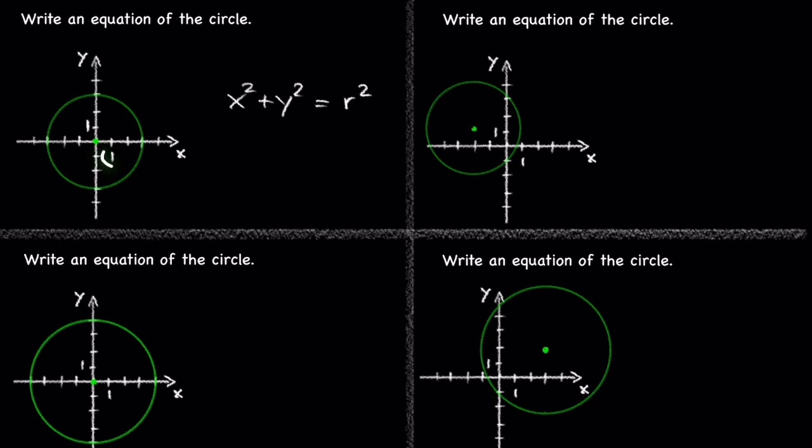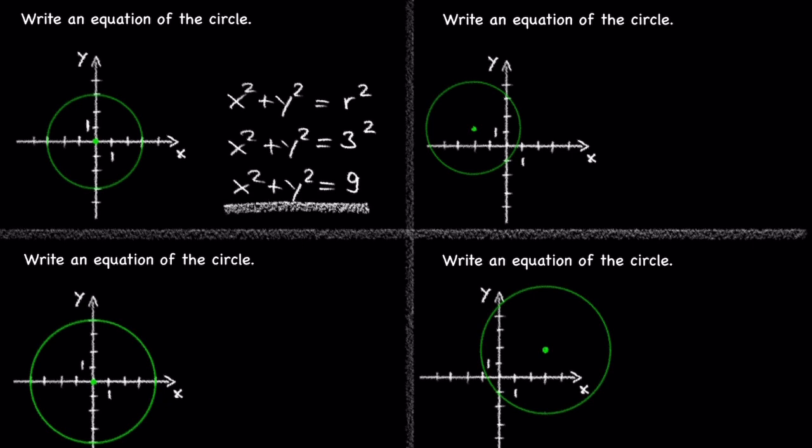By the way, the 1 here tells us that this is 1 unit. So after substituting 3 for r, we get x squared plus y squared equals 3 squared. 3 squared is 9. So we get x squared plus y squared equals 9.